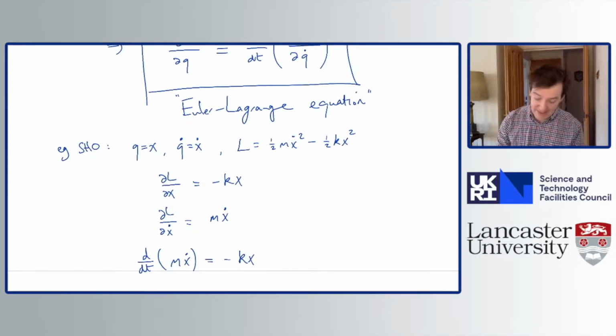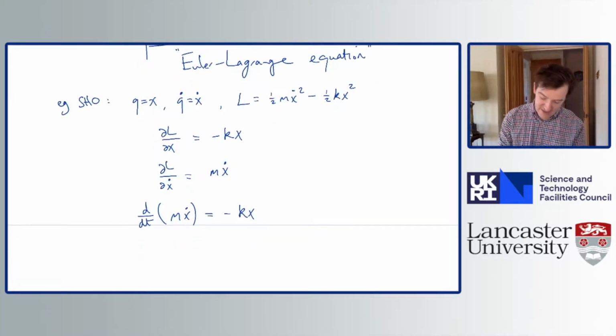Since m is the mass, which doesn't change with time, the time derivative only hits x dot. So we get that x double dot is minus k over m times x. This is also, of course, the formula that you would get from Newtonian mechanics. So the acceleration is minus k over m times x.